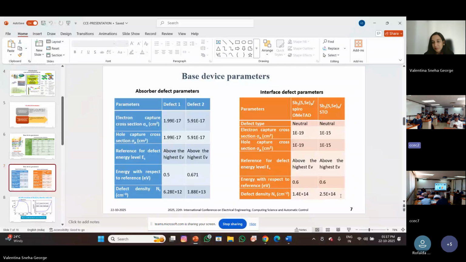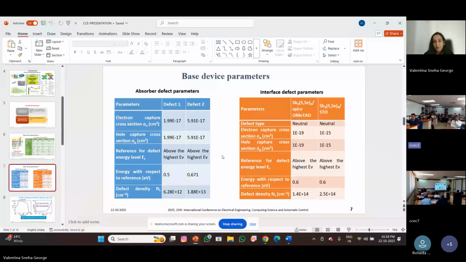Okay. And similarly for the interface defect densities, 10 to the 14 is not so low, but it is small, as can be expected for the interface with some ETLs, electron transport layers. Unless you have realistic values, you will not get realistic results.